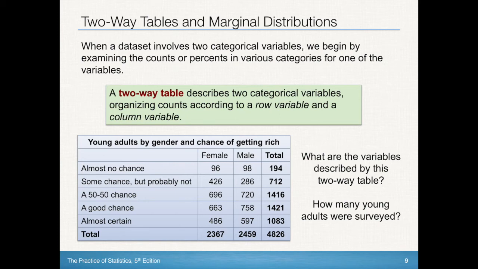And when you start to take these two-way tables and make these statements, what you start to do is begin to glean from it some potentially meaningful conclusions about the relationship between gender and your ideas, in this case, of getting rich. So two-way tables are a very powerful tool, and they come up a lot in statistics. So you want to make sure that you understand the next statements that we're going to make.